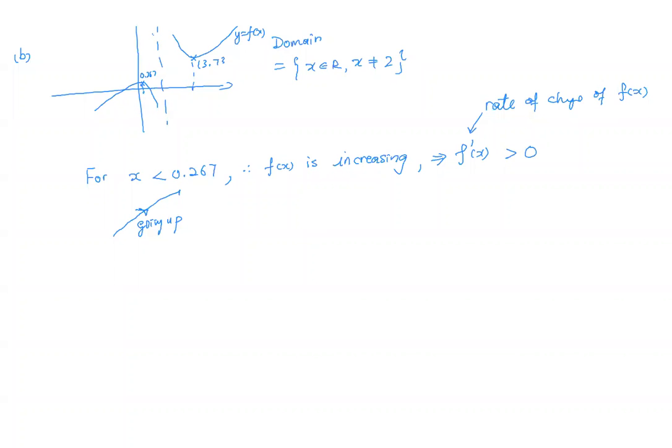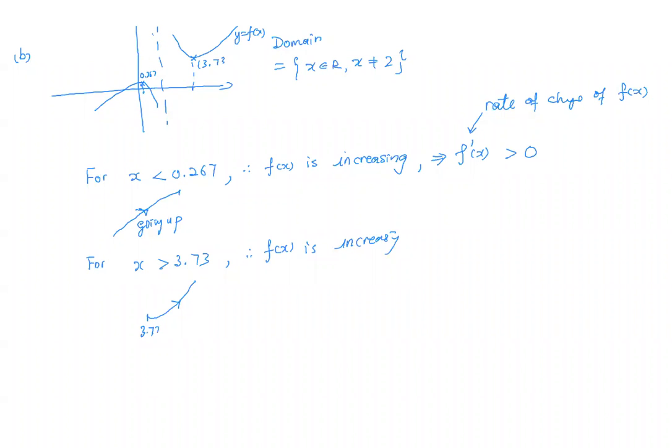Okay, so now we also know that for x greater than 3.73, the graph goes like that, correct? You see, at 3.73 it also goes up. So therefore, f(x) is increasing.